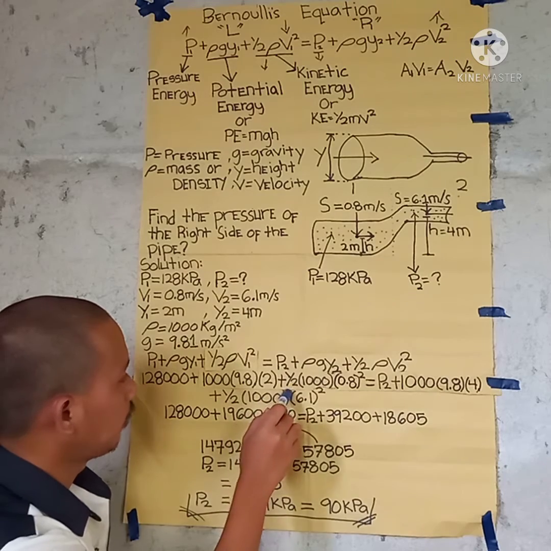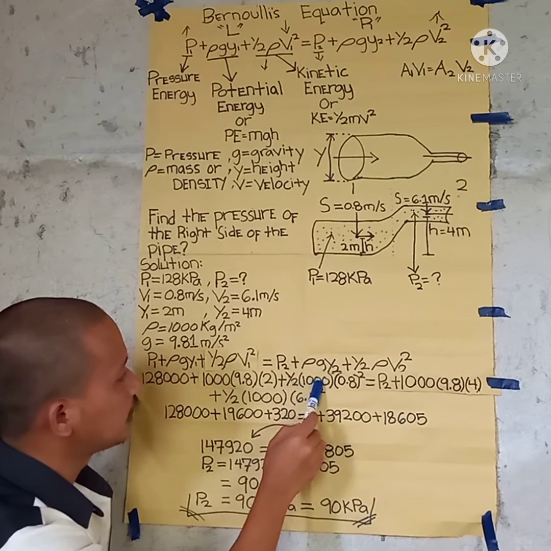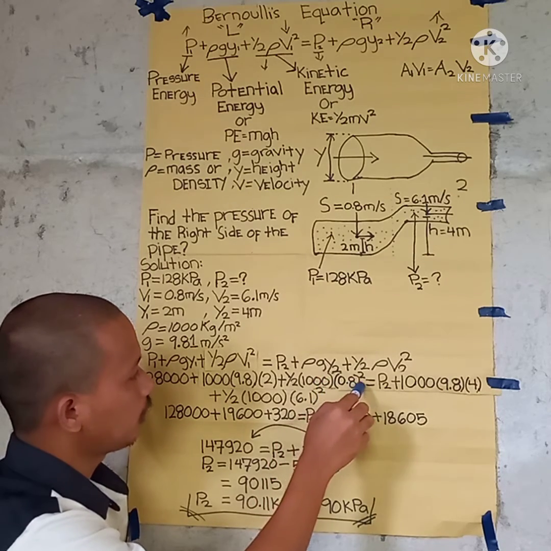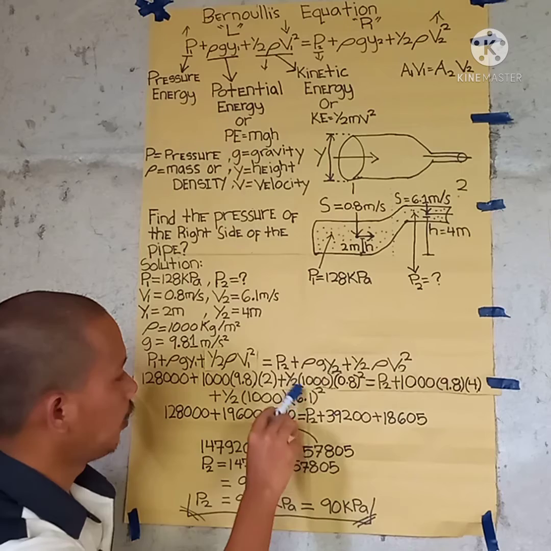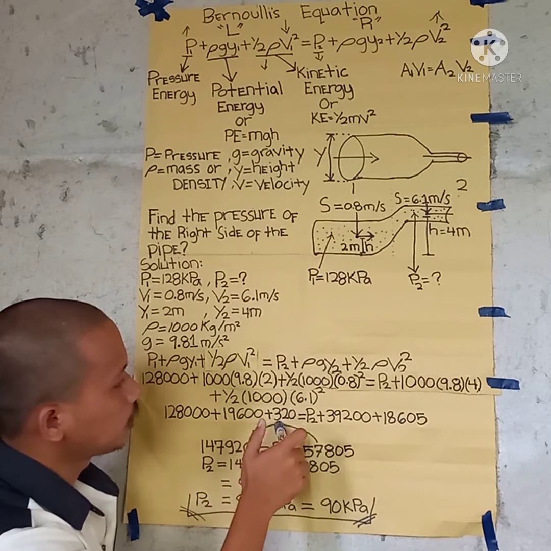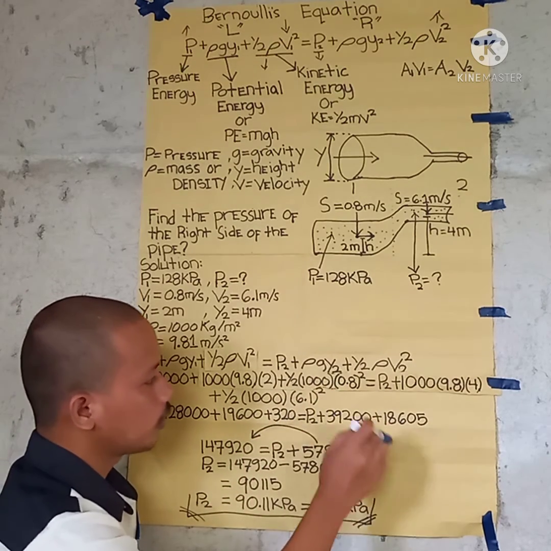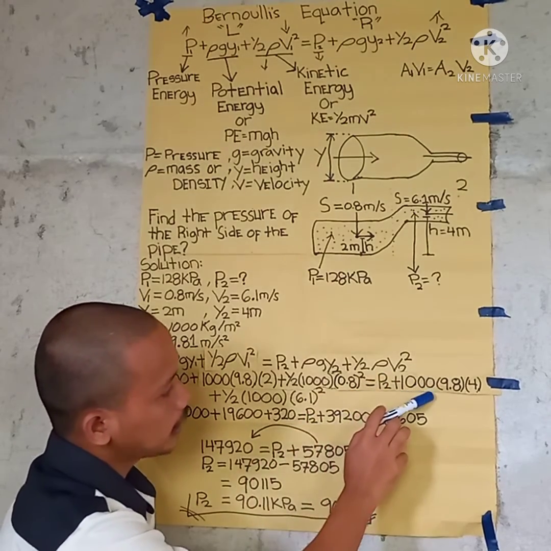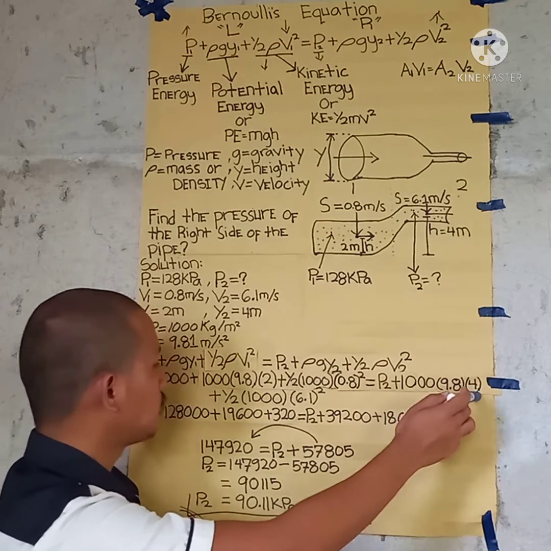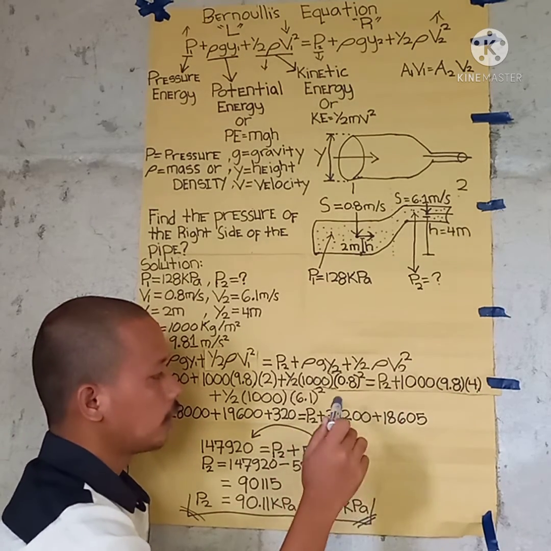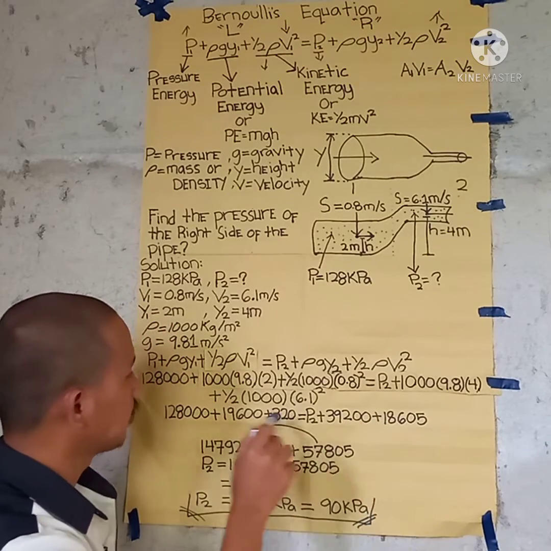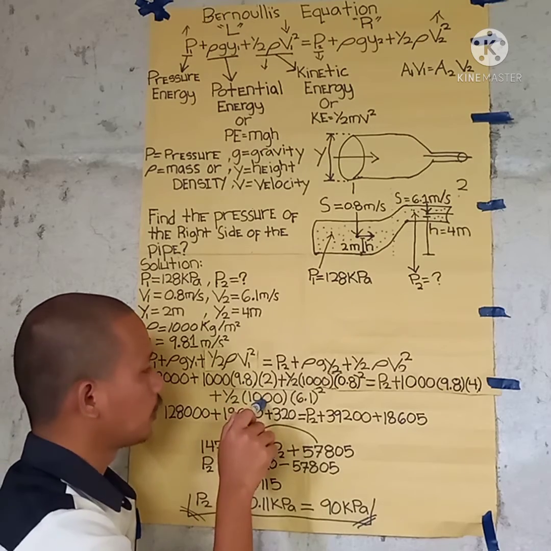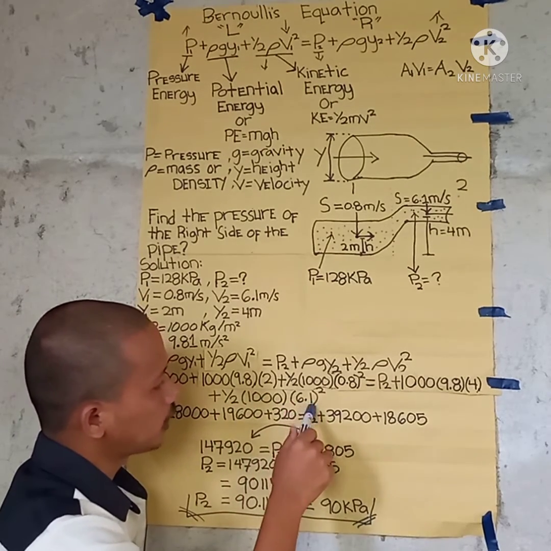So ang next naman nato plus ang kinetic energy of the left side. So 1/2 times 1,000 times 0.8 squared, which is 320. So ang sa right side, equals, copy nato ang pressure plus 1,000 times 9.8 times 4, which is 39,200 plus the kinetic energy of the right side, which is 1/2 times 1,000 times 6.1 squared, which is 18,605.